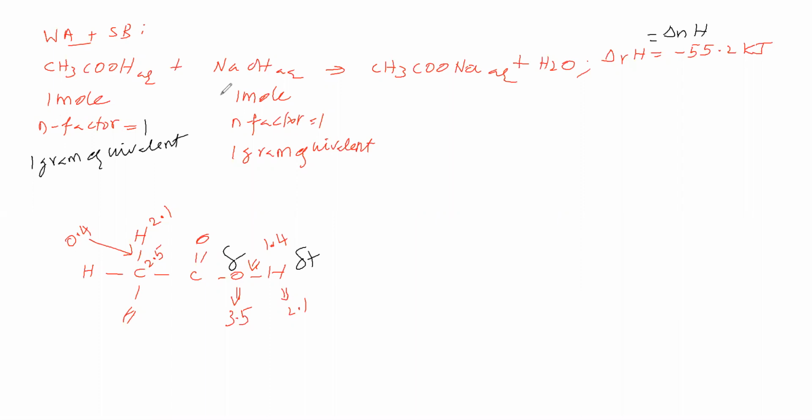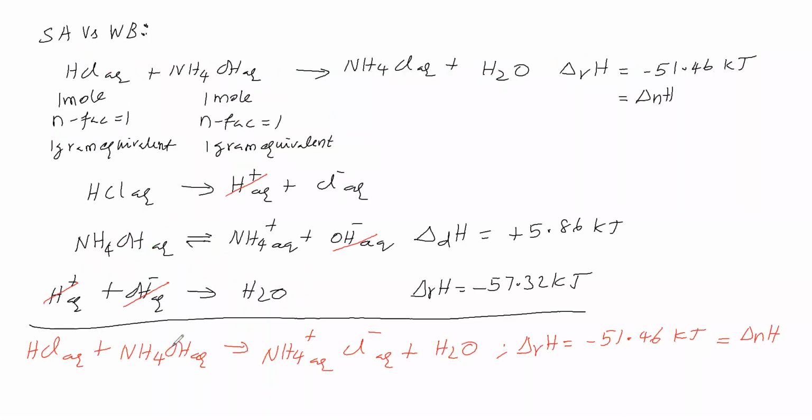What reason shall we say? Then this reveals that the weakness of acetic acid and the weakness of ammonium hydroxide are different. That's what it indicates. That's why the enthalpy of neutralization is different for these two cases.